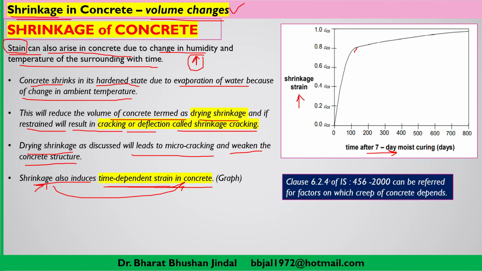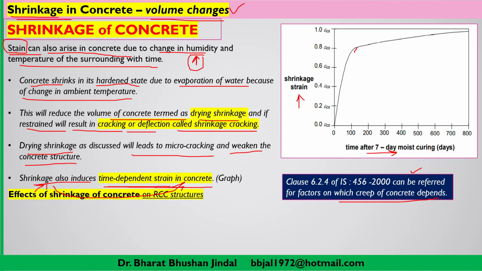Now here you can take the help of IS 456, clause number 6.2.4. Clause number 6.2.4 of IS 456 can be referred again for the factors on which creep of concrete depends, as already discussed.